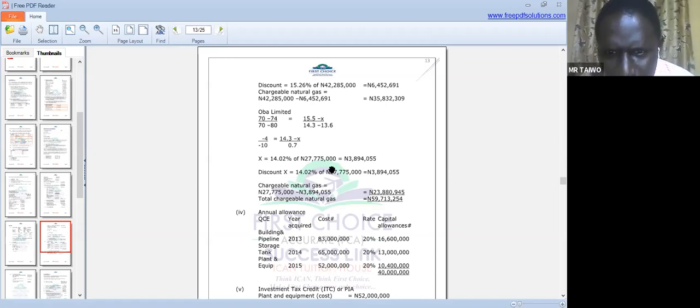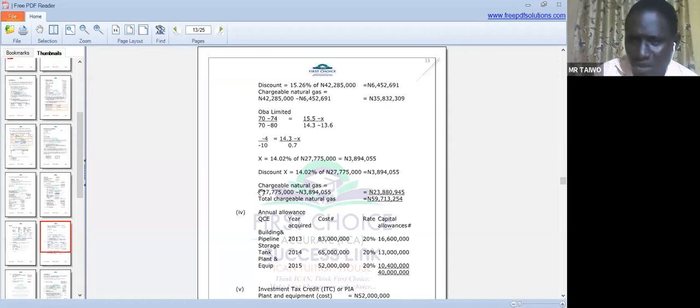That discount, what do you do with it? You remove the discount from the value of that gas. You can see the initial value of the gas happens to be 27,775,000. You remove the discount that you got from the G factor, 3,894,055. What you get is 23,880,945.